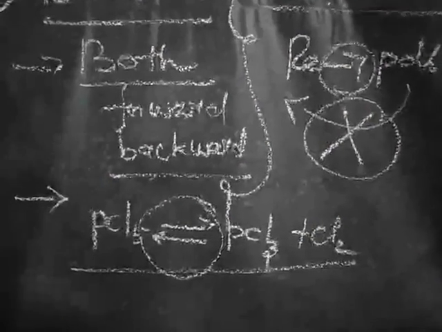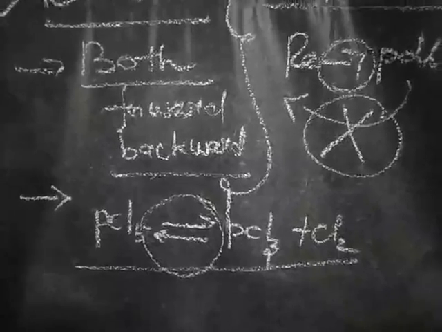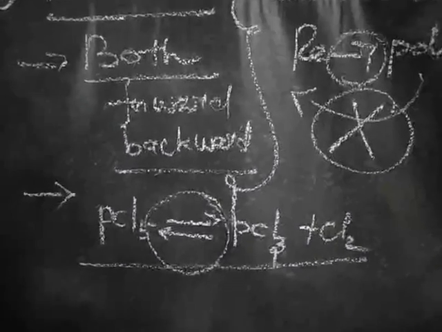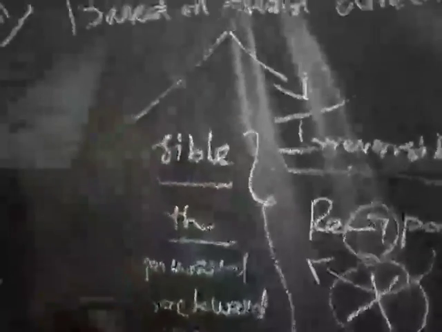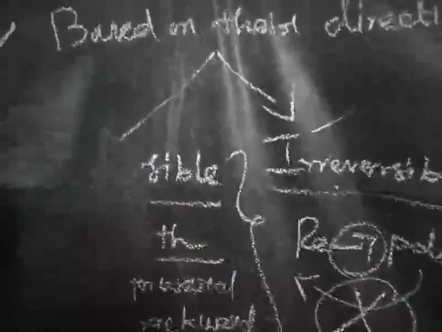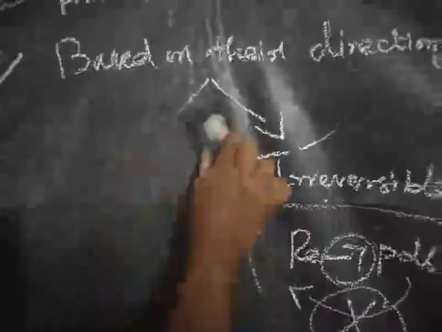This happens in irreversible reactions. For example, if you take solid coal, it reacts with oxygen to give carbon dioxide plus heat energy. We cannot get back the coal from carbon dioxide.